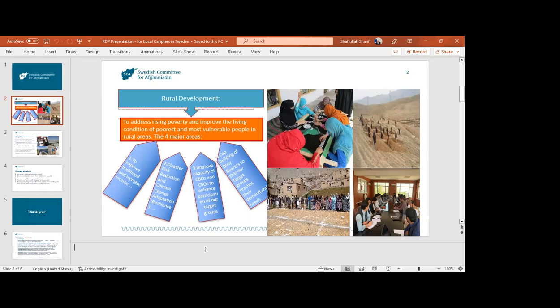The second area is about disaster risk reduction and climate change adaptation, which of course is a very burning issue in many countries, including Afghanistan. Rural development in this area is mainly capacity building of people, awareness to mitigate disasters and climate change, and also some small infrastructure like check dams, degraded land rehabilitation, and retaining walls.